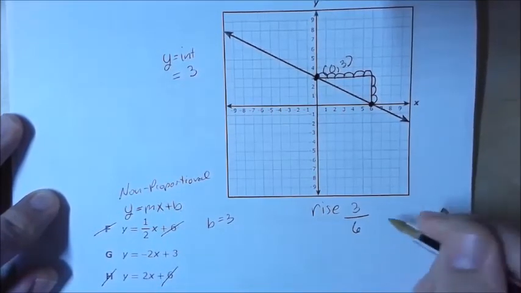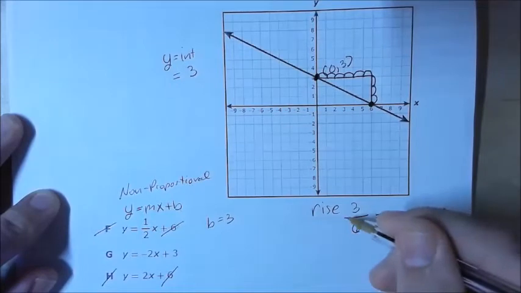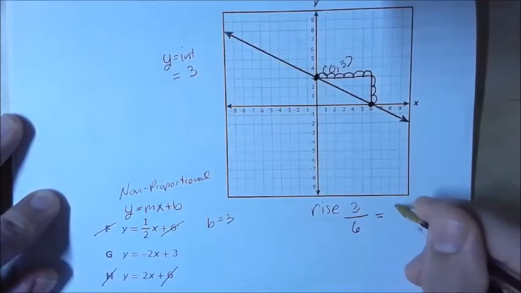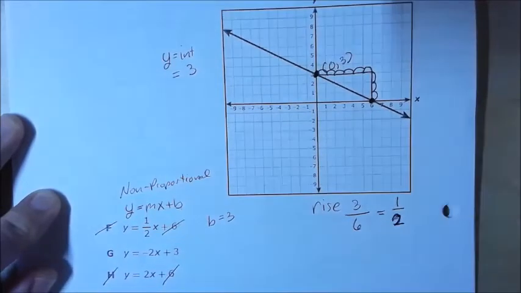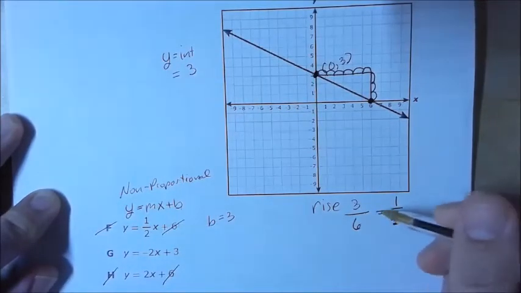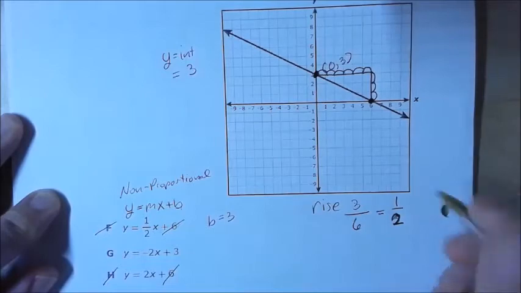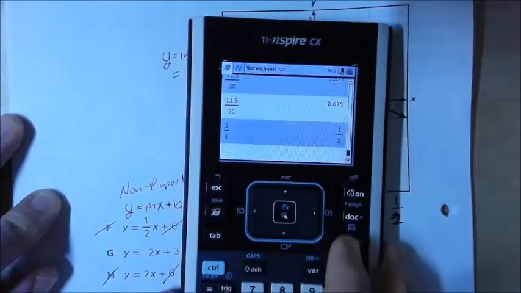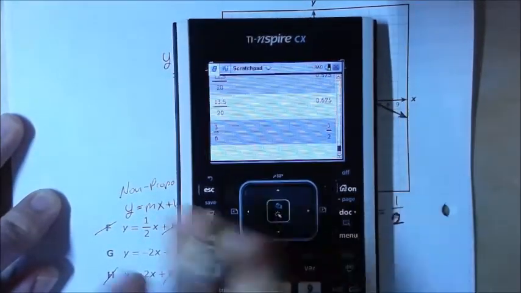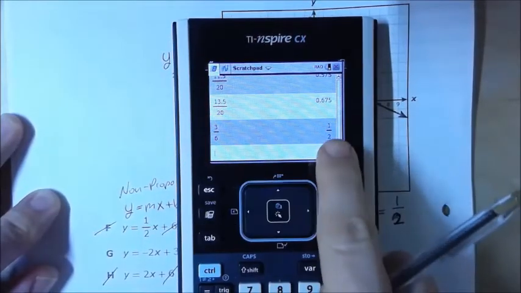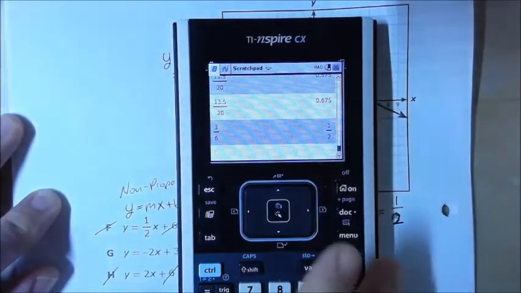That's over 6. So if we simplify that, 3 over 6 is going to give me 1/2. So what we can see is we have 3 over 6, and that's equal to 1/2. If we want to check it in our calculator, we just put it in our calculator like I did. Notice I put 3 over 6, and once I hit enter, it gave me 1 over 2.